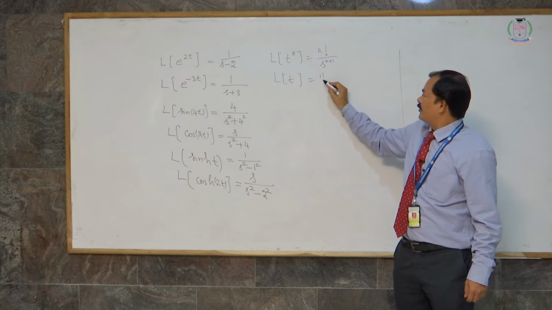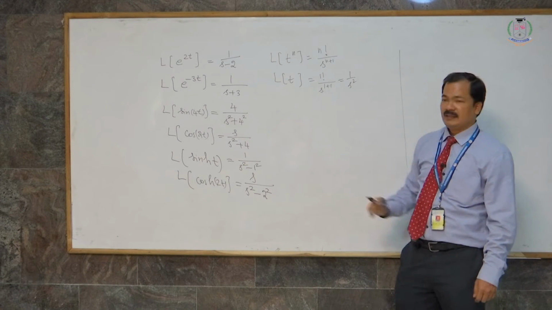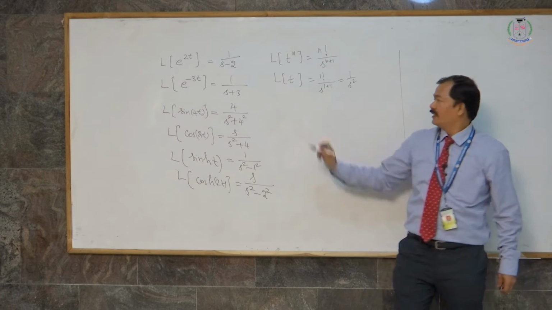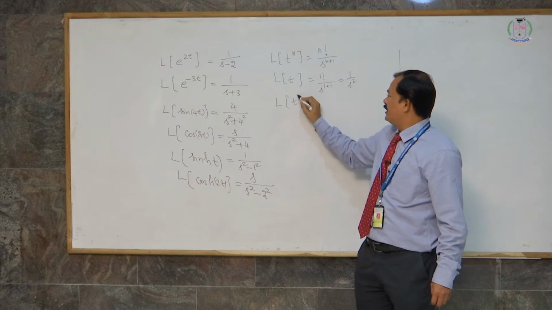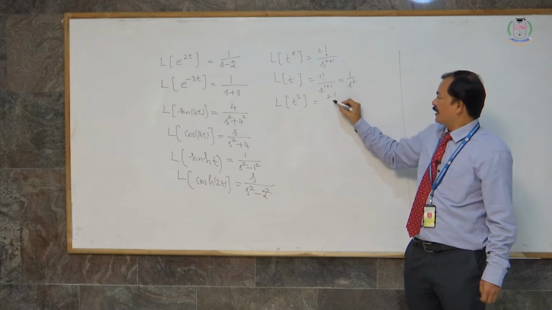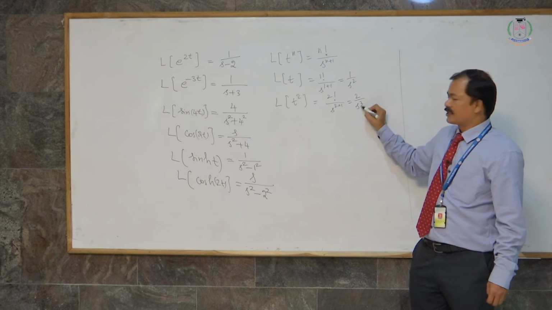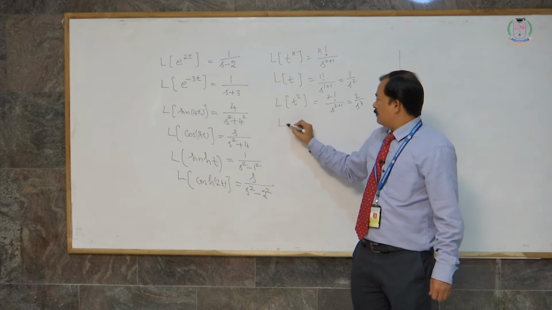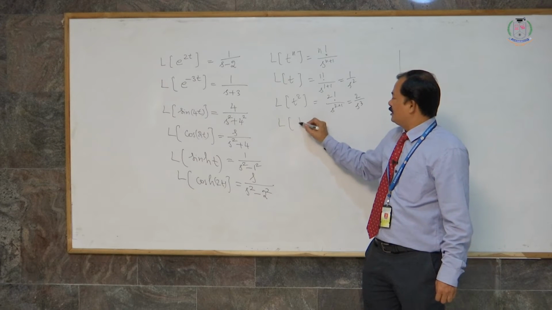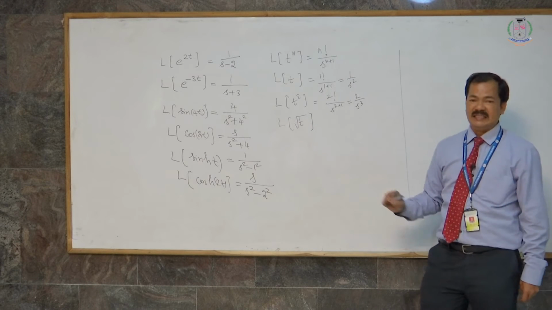Therefore, 1 factorial upon s to the power 1 plus 1, it is 1 upon s square. Laplace transform of t is 1 upon s square. Laplace transform of t square, 2 is a positive integer. Therefore, it is 2 factorial upon s to the power 2 plus 1, it is 2 upon s cube. Laplace transform of, let us say, root t.